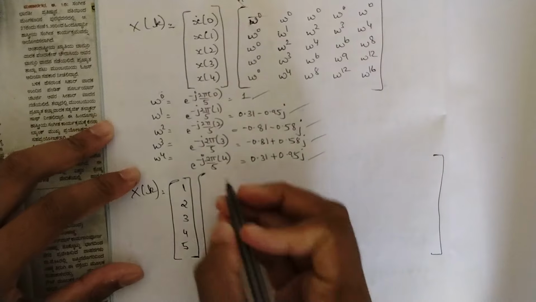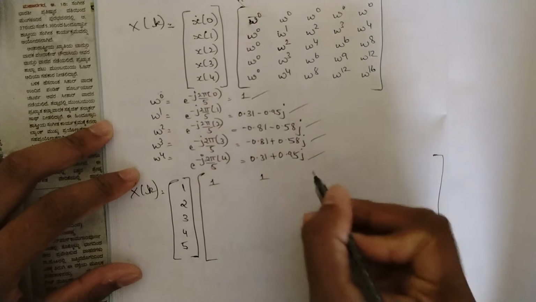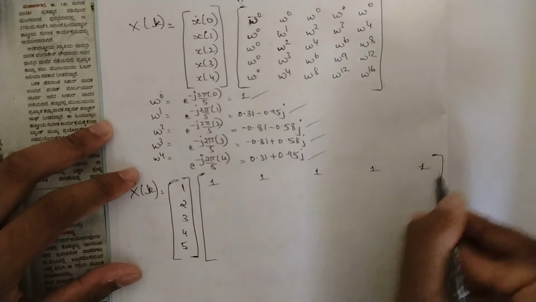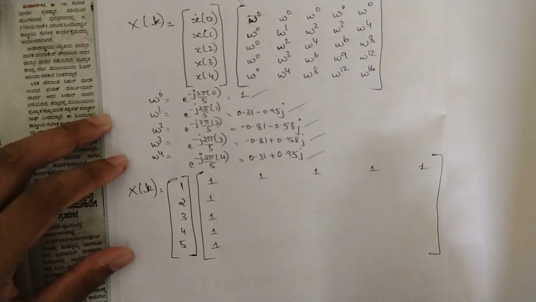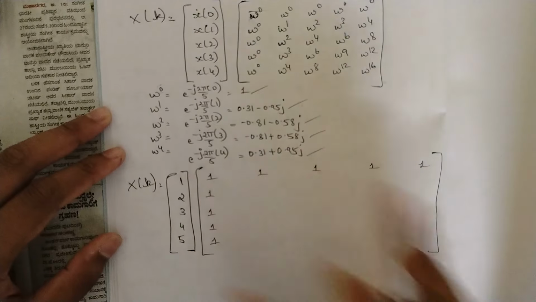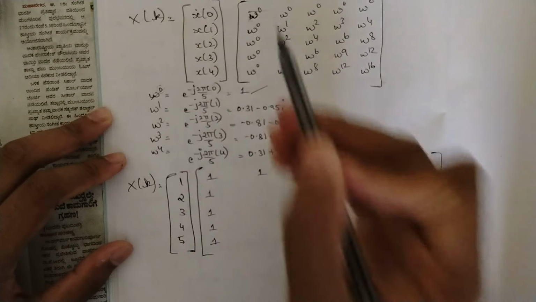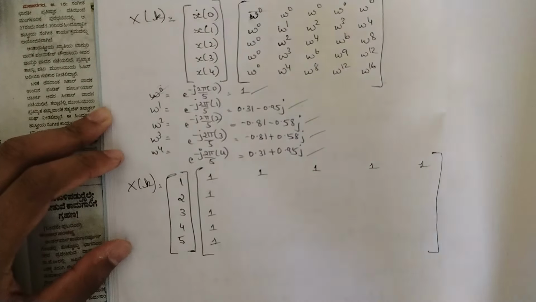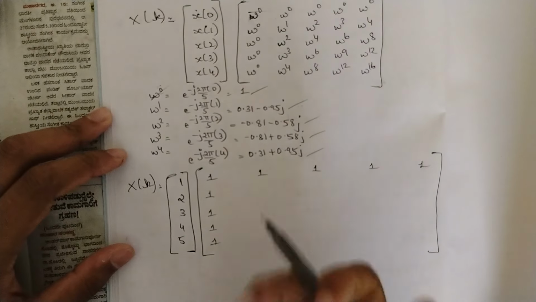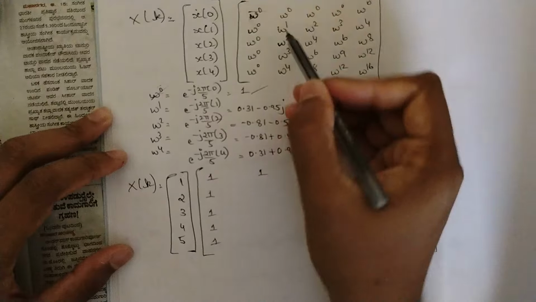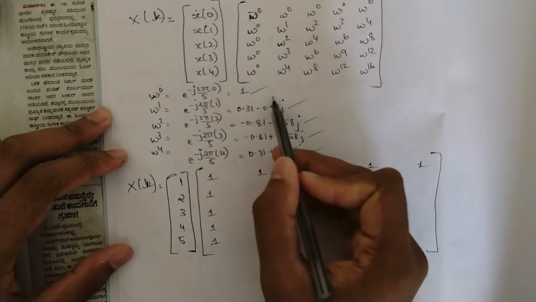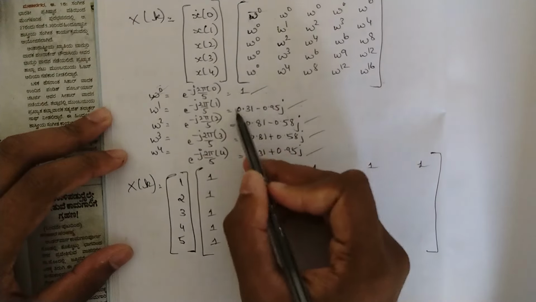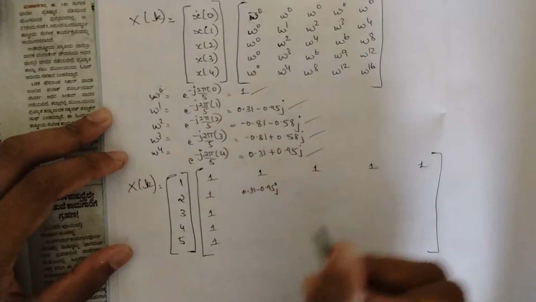First thing to do is write the first row and column of 1s. Any problem, we should do this first. You don't need to calculate the value of w power 0, since it is 1, so directly write w power 0 is 1. Then write the value of w power 1. This w power 1 is this term, so write 0.31 minus 0.95 j.